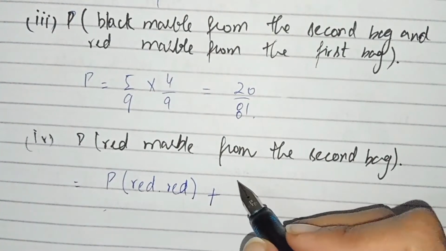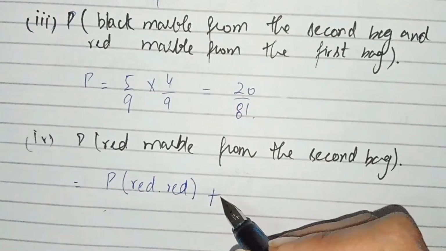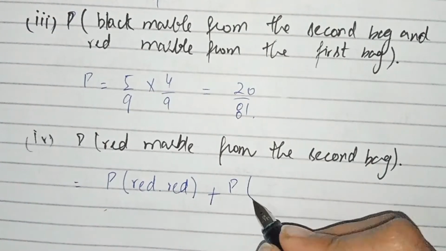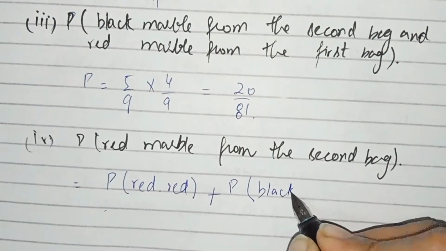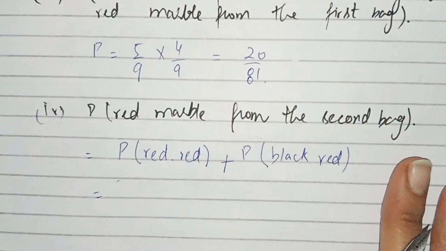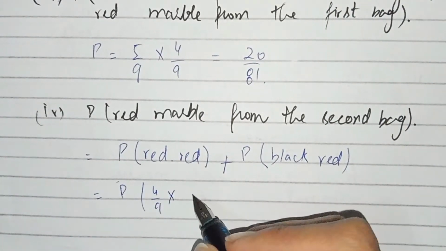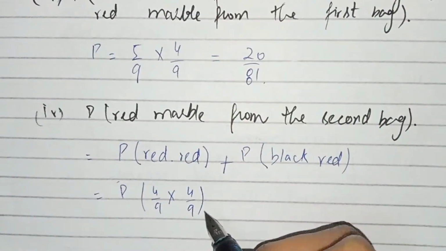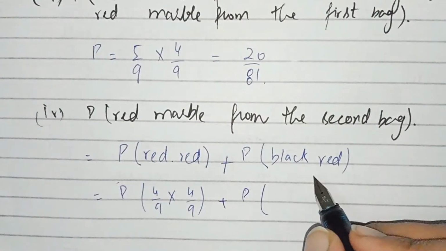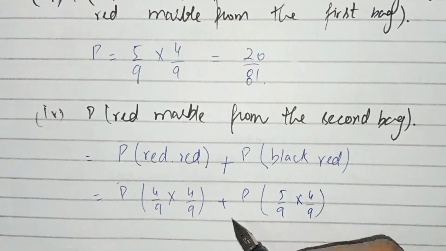When there is an or, we add, and the probability of getting black and red. Now we can write its probability like that: 4 over 9, 4 over 9. Probability of black is 5 over 9 times 4 over 9.